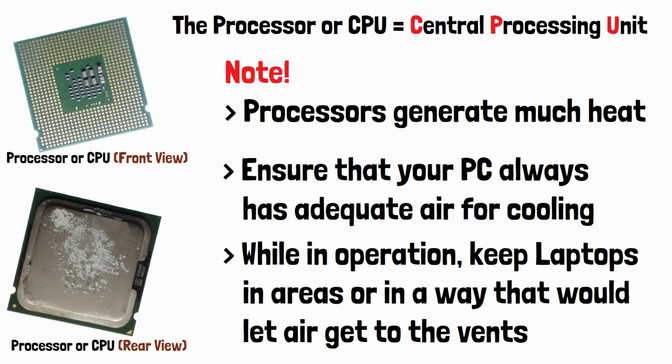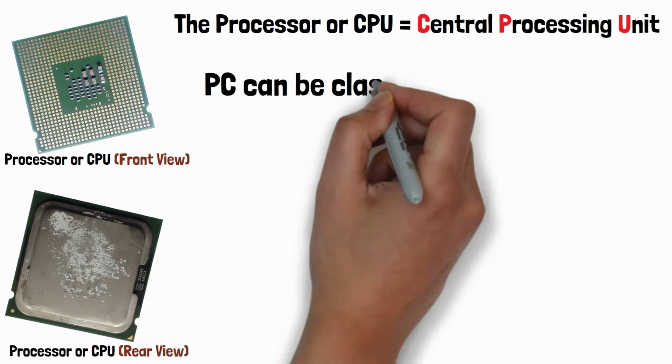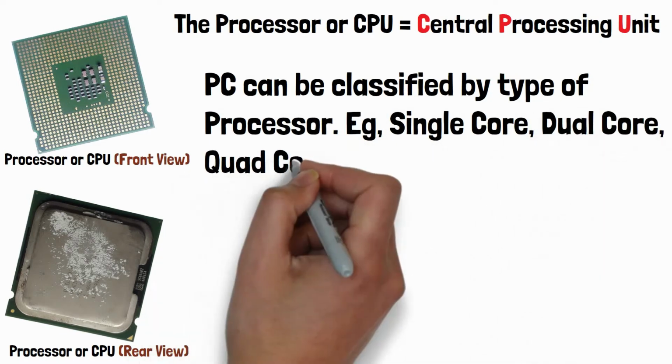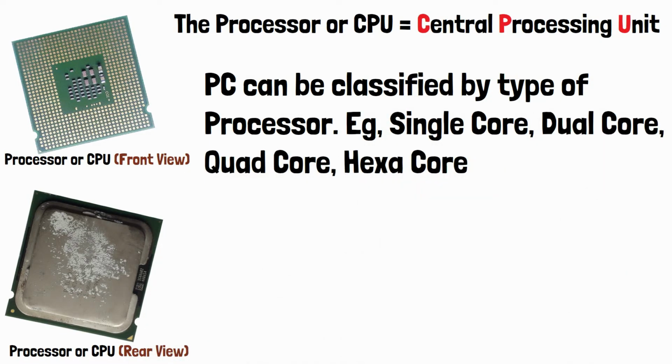The processor generates a lot of heat, yes. Sometimes your PC can be classified by the type of processor it has. For example, single core processor, dual core processor, quad core processor, hexacore processor.